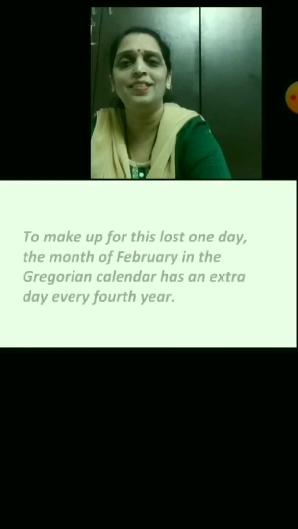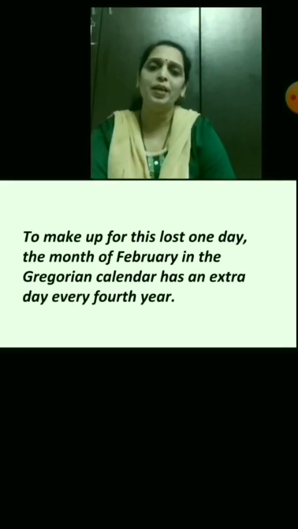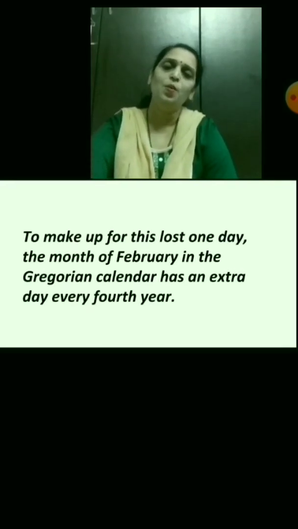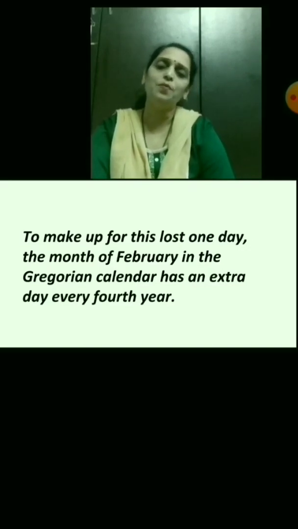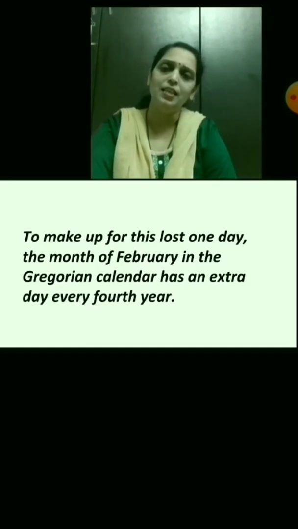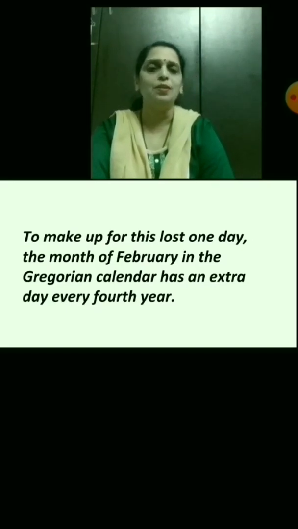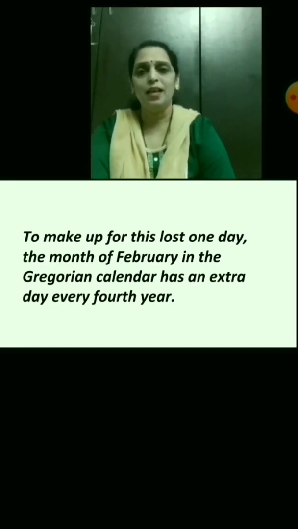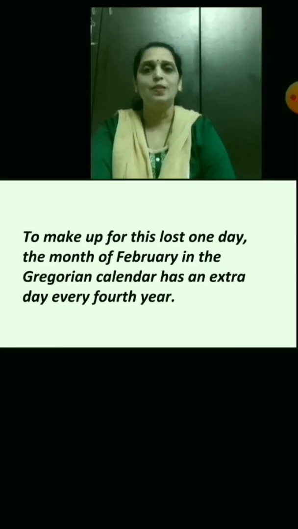Next, to make up for this lost 1 day, the month of February in the Gregorian calendar has an extra day every 4th year. Yes, you know extra day means February usually has 28 days, but after 4 years we have 1 day extra in February, that is 29 days.